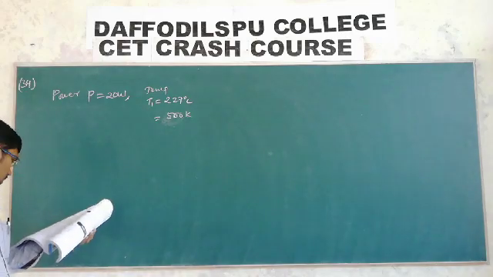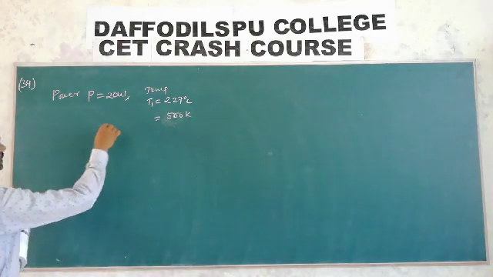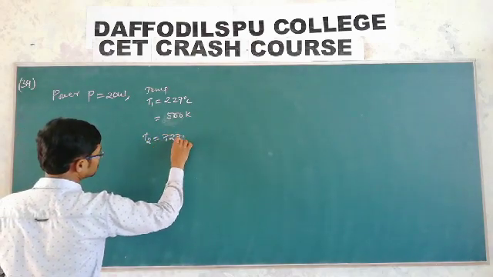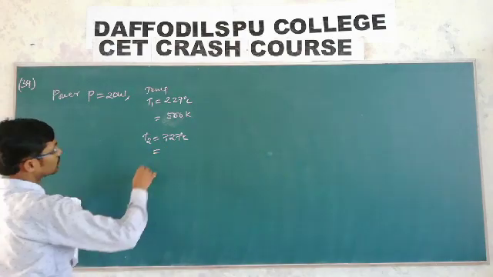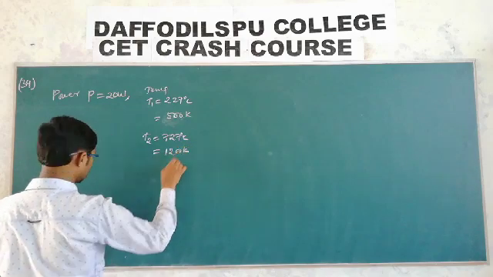Next, the black body is changed to 727 degrees Celsius. Then T2 is equal to 727 degrees Celsius, that is equal to 727 plus 273, 1000 Kelvin.